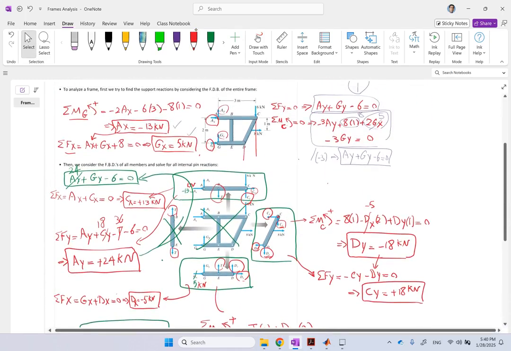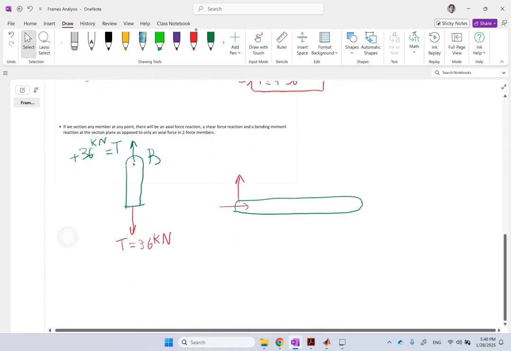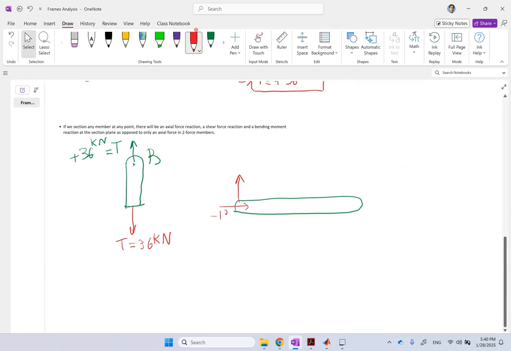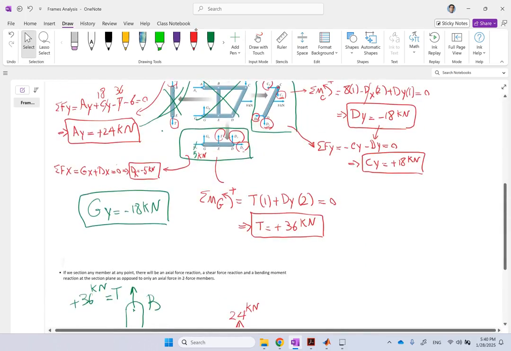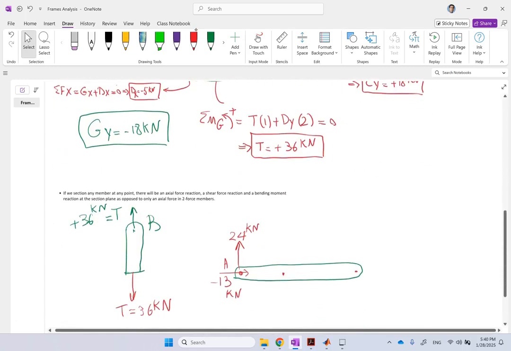AX was negative 13, AY was 24. So this is negative 13, this is 24 at A. Then we have B, and then we have C. At C we had CX and CY, 13 and 18.